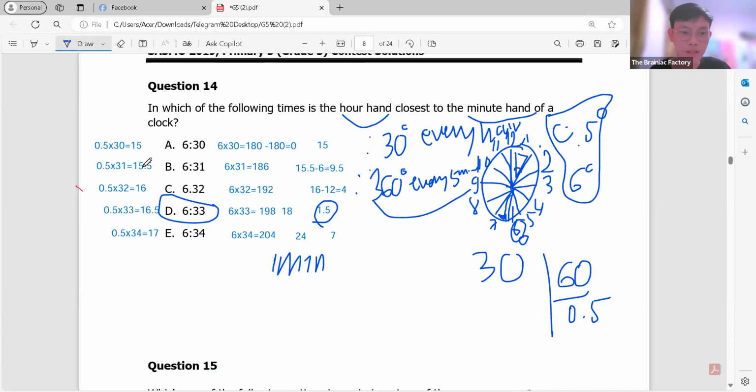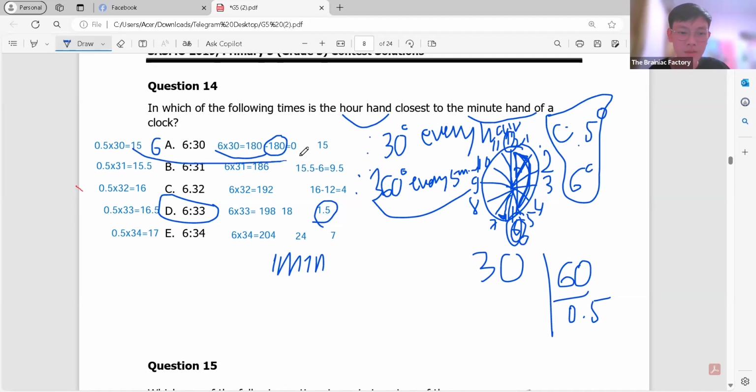So we're finding each minute here, but this one starts from the 6 here, and this one starts from 12, so we have to minus the 180, as this here is equal to 180 degrees, so that we're having 0.